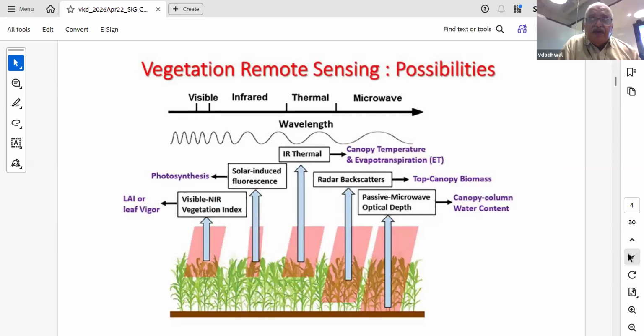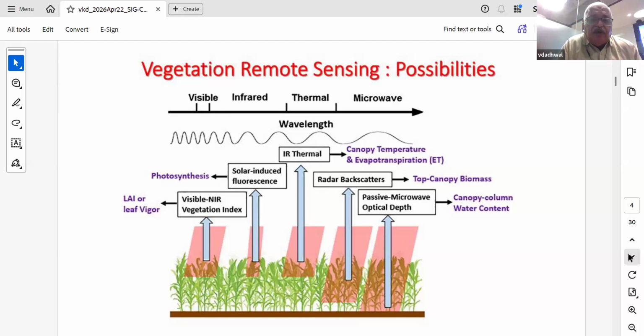When you are in the near infrared range, beyond red, in the front lines, you can get the solar induced fluorescence, which allows you to see how much of the absorbed photons are moving towards the chemical reaction and how many are coming back.